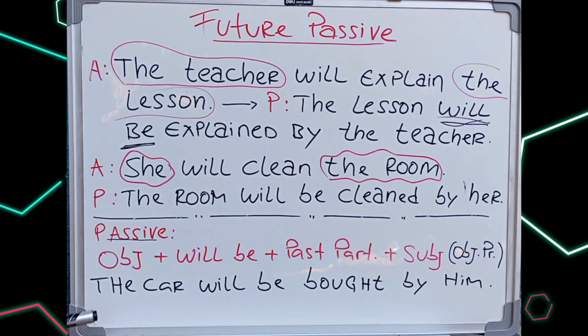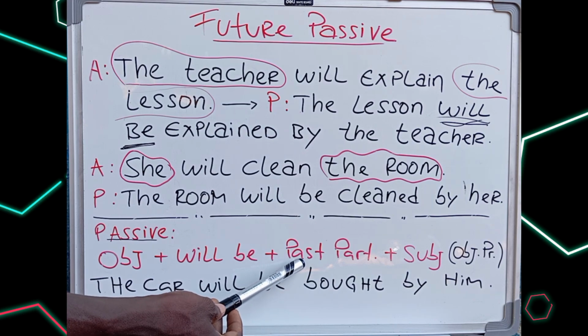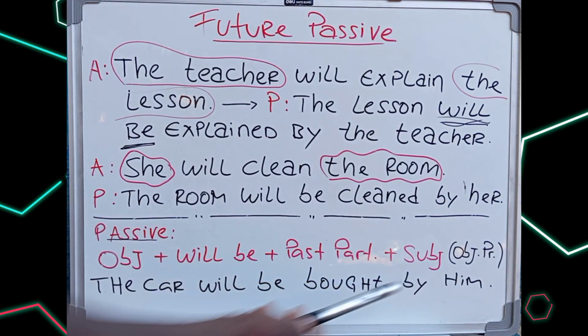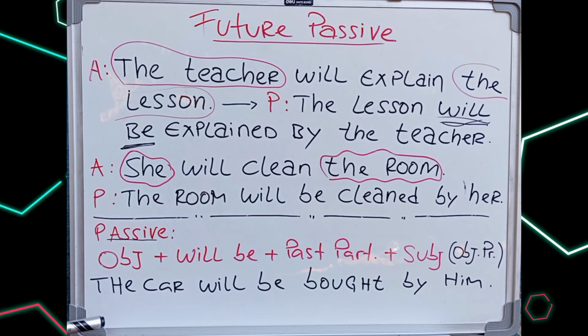Now we have one more example, the object, the car. The car will be bought by him. The car is the object, will be is an element of the formula, bought is the verb in the past participle, by him. Okay, this is the passive voice.